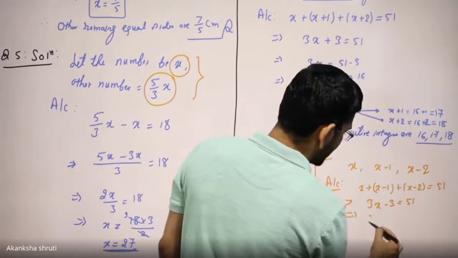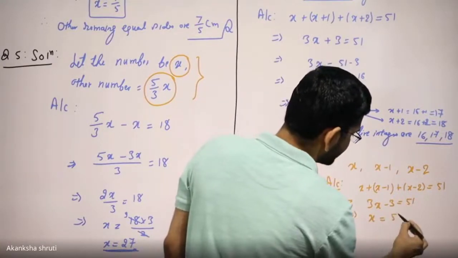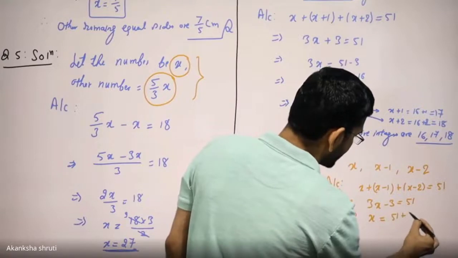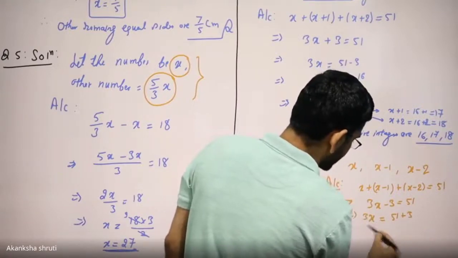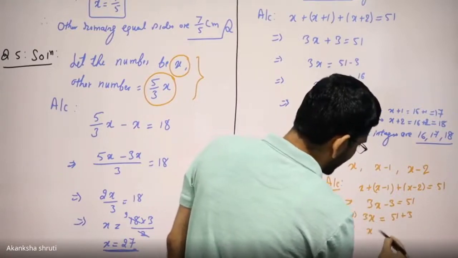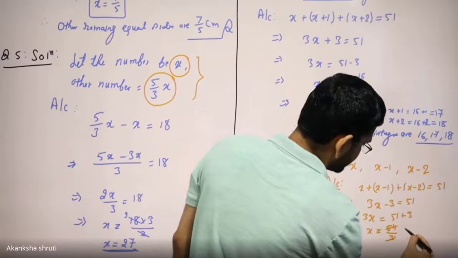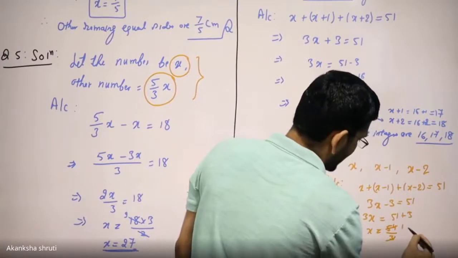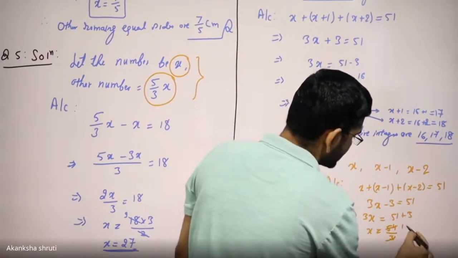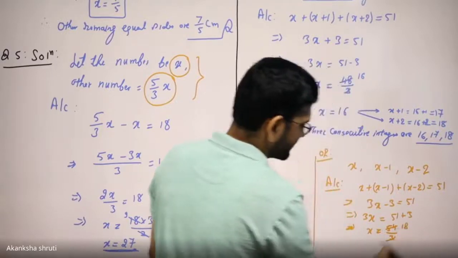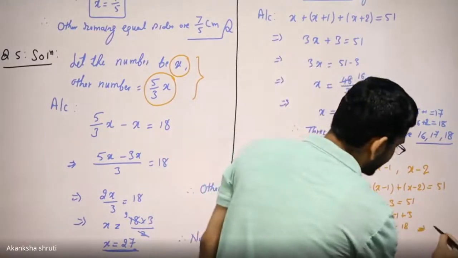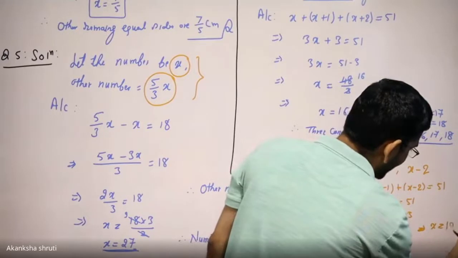This time the x becomes 51 plus 3. This is our 3x. So x becomes 54 by 3. Cancelling, it is 1 time, and then 18. Here we are getting x is 18.